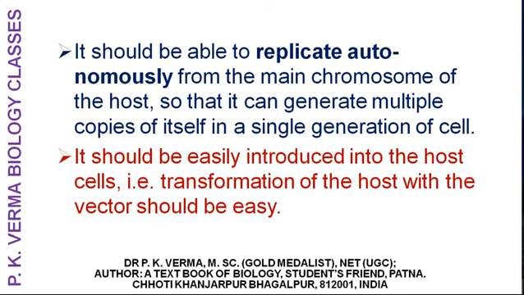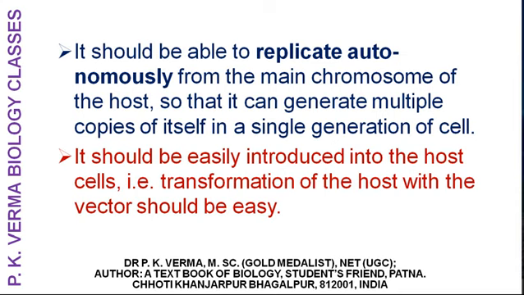Naturally, only 3 species, Streptococcus pneumoniae, Bacillus subtilis, and Haemophilus influenzae, have been found to undergo transformation reaction, but in the laboratory, Escherichia coli is used as the host cell and it is not naturally transformable.